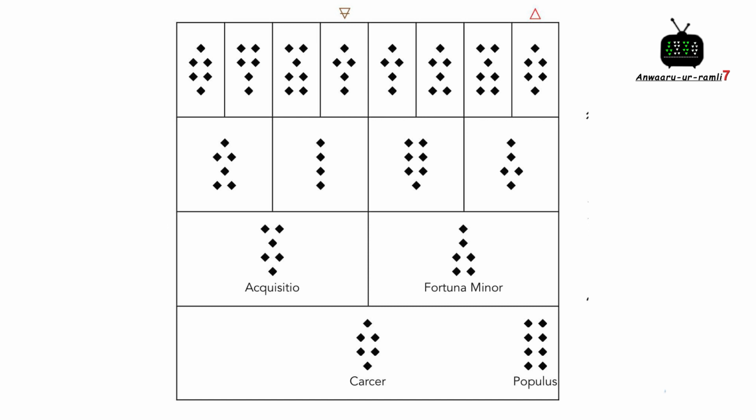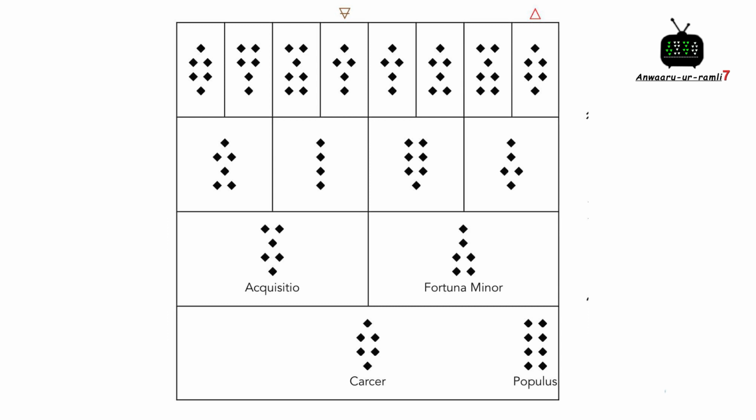Again, if you are asked to find the speech of Cassia from this piece of sand, the speech of Cassia is Puer. Therefore, you can conclude that Puer comes in the ninth house and it is found in this piece of sand.